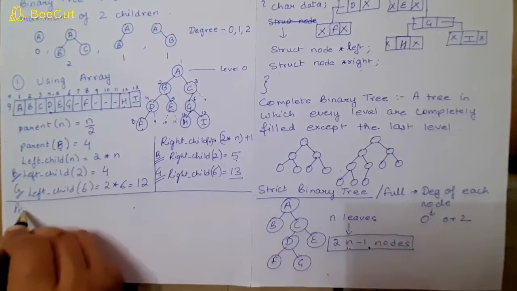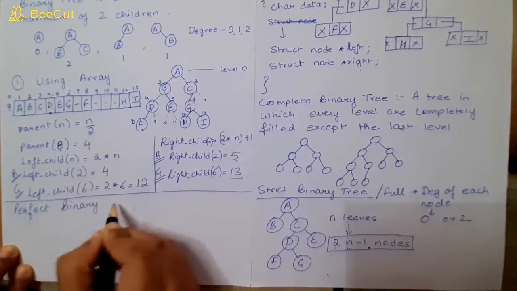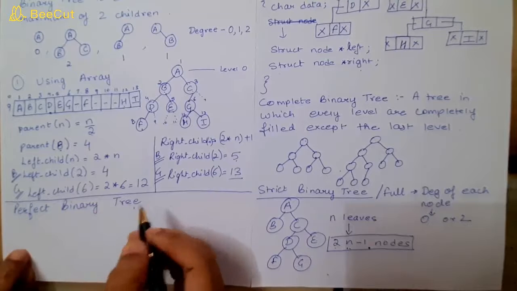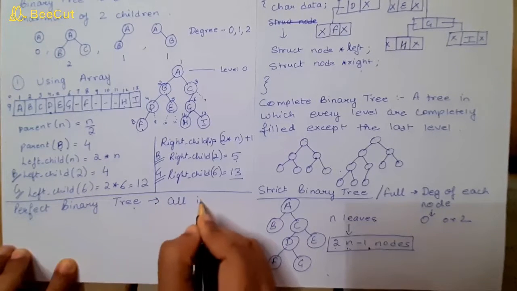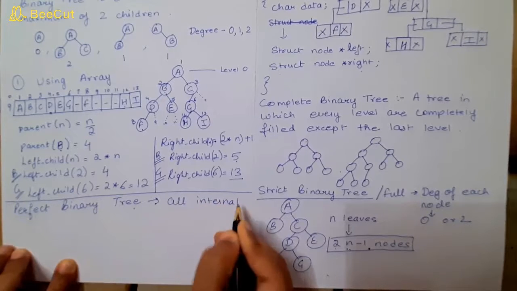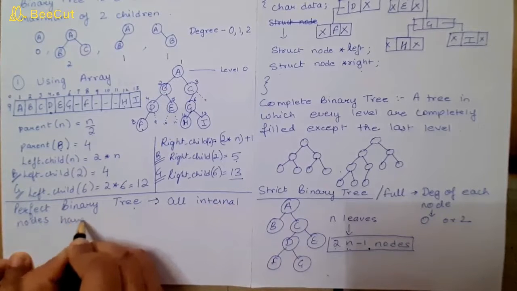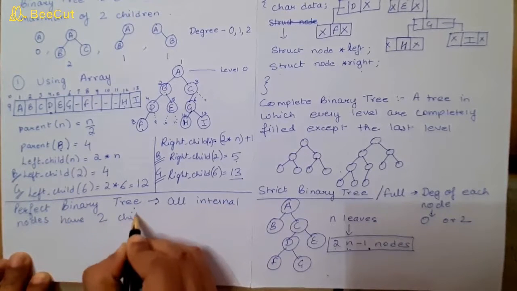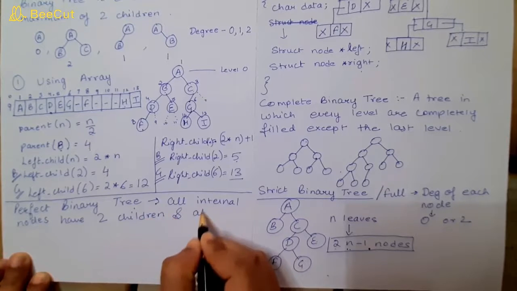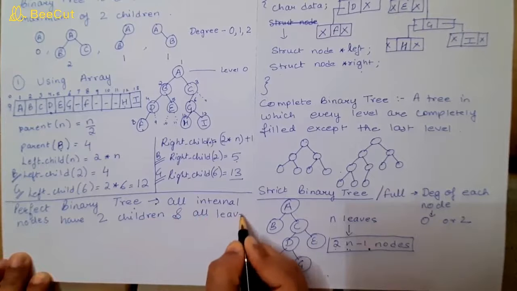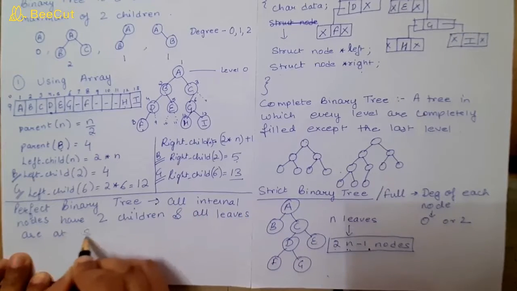In a perfect binary tree, all the internal nodes have 2 children, and all the leaf nodes are at the same level.